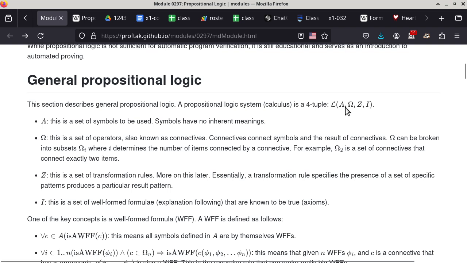So we have alpha, omega, zeta, and iota. Except for this one, you can say A, Z, and I. I really don't care which way you pronounce it, but it's alpha, omega, zeta, and iota. So there are four sets. Each set serves a different purpose, so we'll start with alpha.